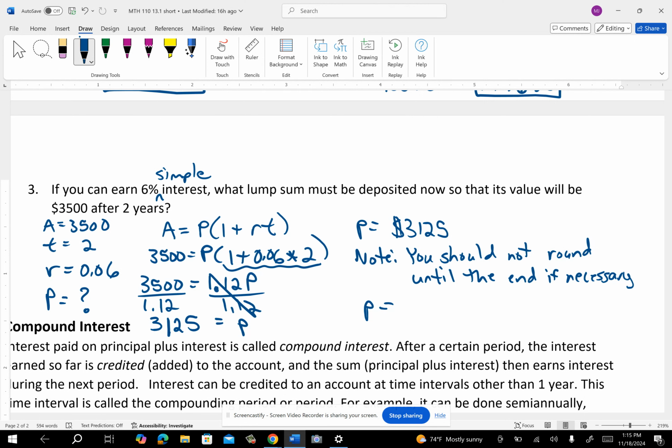So sometimes it's better to actually type it in like this. That's the 3,500, and when you type that in, you'll want to have parentheses around that. So sometimes I type it in that way because that 1 plus 0.06 times 2 doesn't always turn out to be so nice. And you don't want to round off there and then introduce round off error early in the problem.